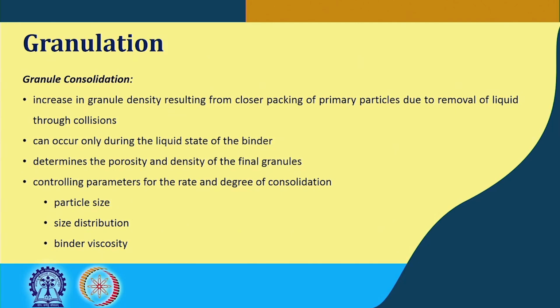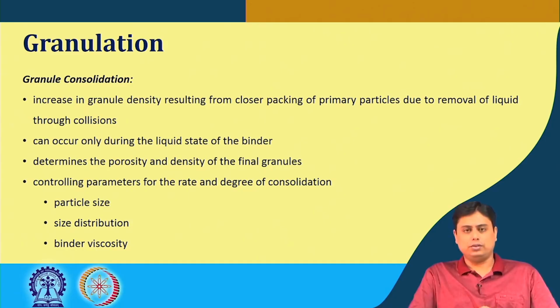Now, we have seen this granule consolidation stage, this slide in the last class, which shows that consolidation is the increase in granule density resulting from closer packing of primary particles due to removal of liquid through collisions. Now, this consolidation can occur only until the stage when the binder or the interstices that are binding the particles are in liquid state.